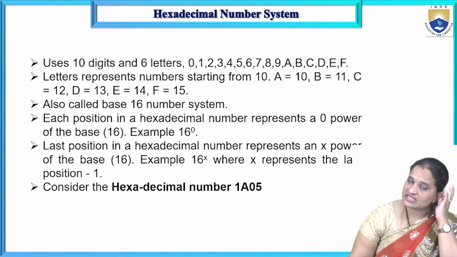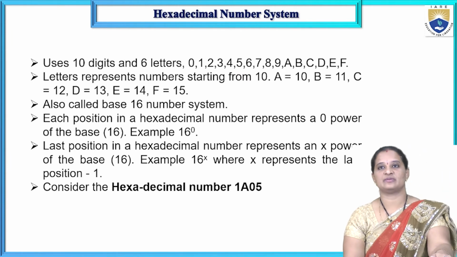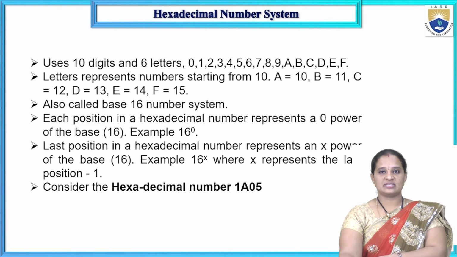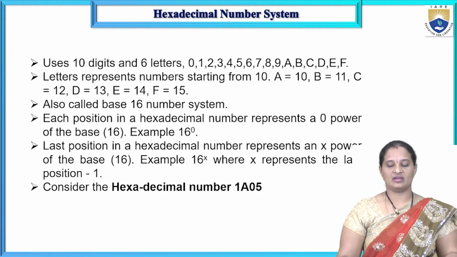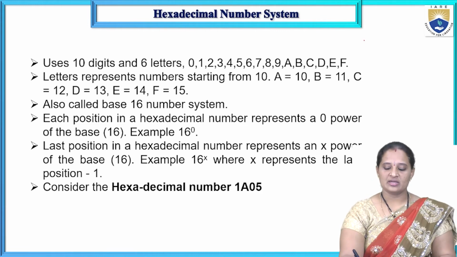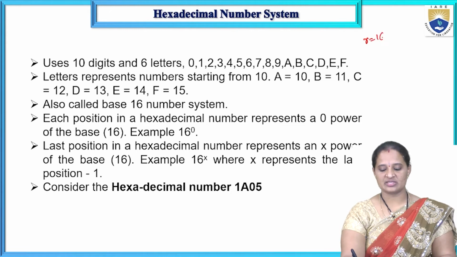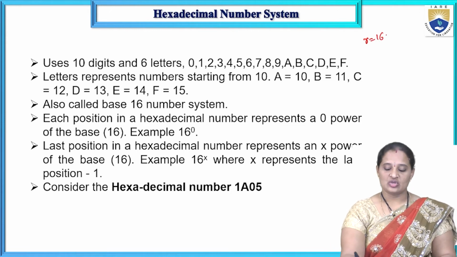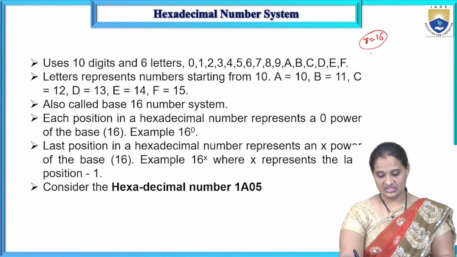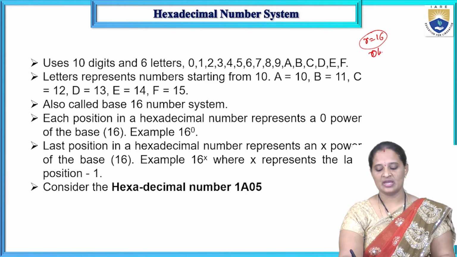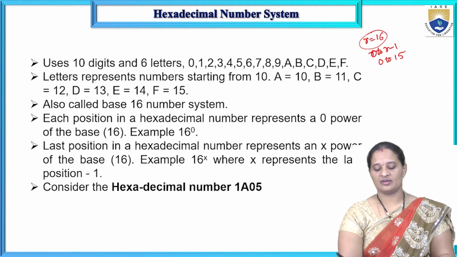Now coming to the next number system, the hexadecimal number system. Hexa means the base of this number system is 16. As the base is 16, what symbols can we have in a hexadecimal number system? 0 to r-1, that is 0 to 15.